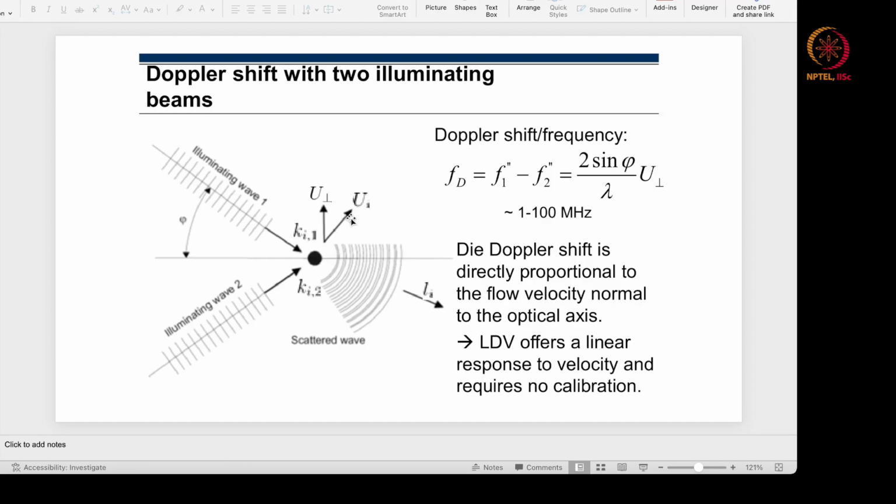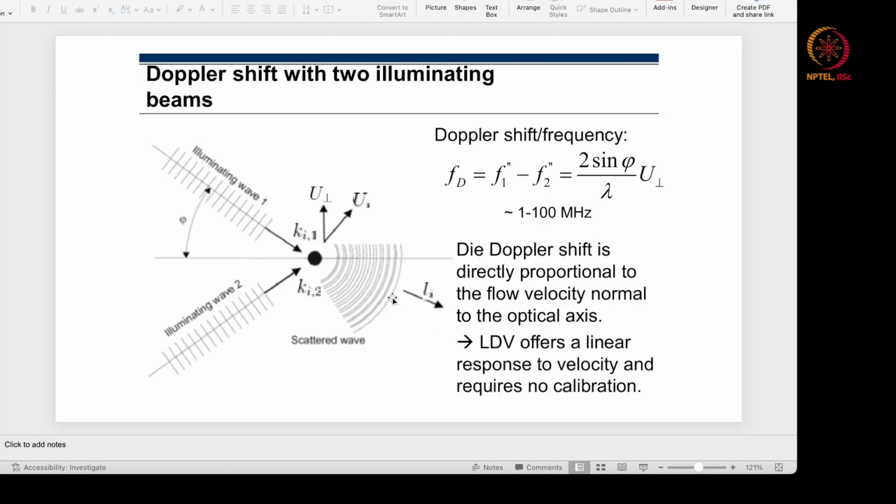The particle is moving with a velocity ui. Everything else remains the same. This is the component of the velocity of the particle, u perpendicular, which is in the direction perpendicular to the z-axis. And Li is once again the direction at which your photodetector is placed to monitor the scattered wave.